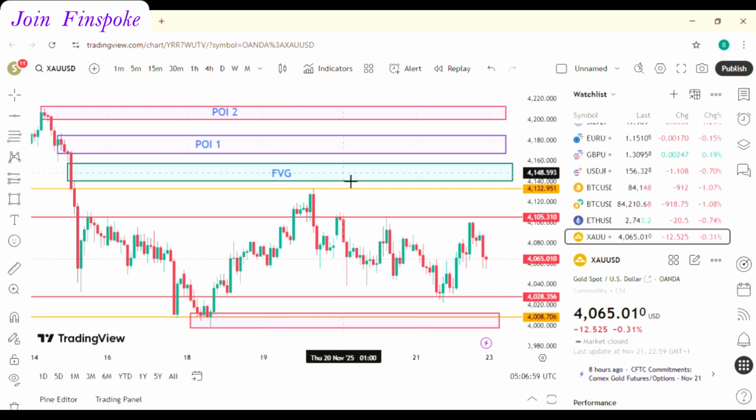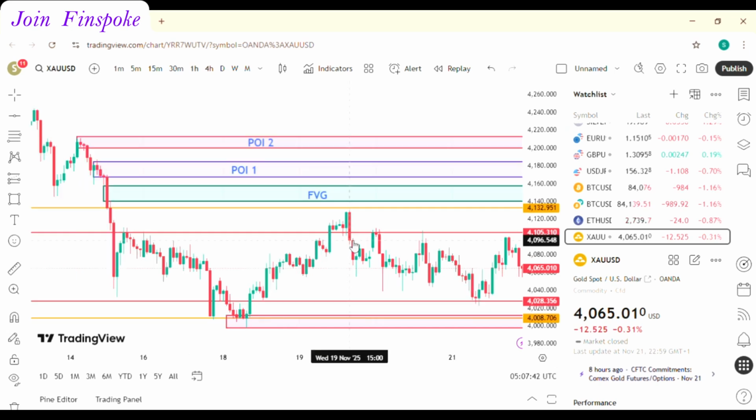If they come and take 50% of this FVG, don't panic. This is where patience and discipline comes in trading. They will clear this FVG 100% and they tap into your area or into your zone. Again, if they flip this zone, the next thing is to clear a small FVG, fair value gap here, and they tap into this zone.